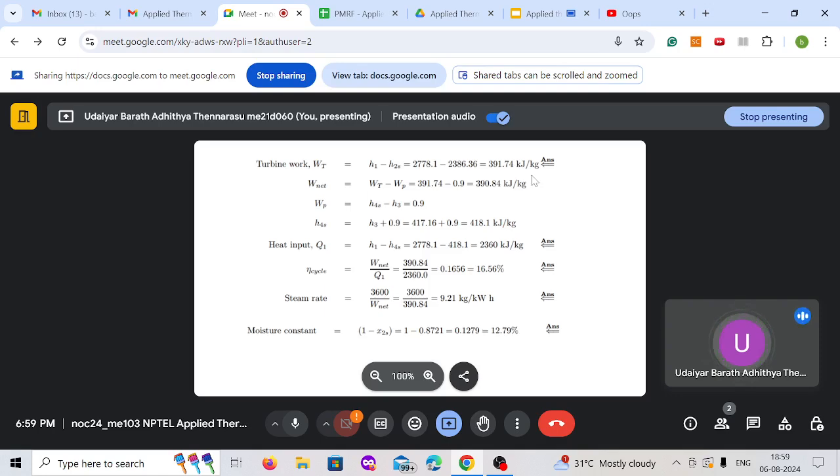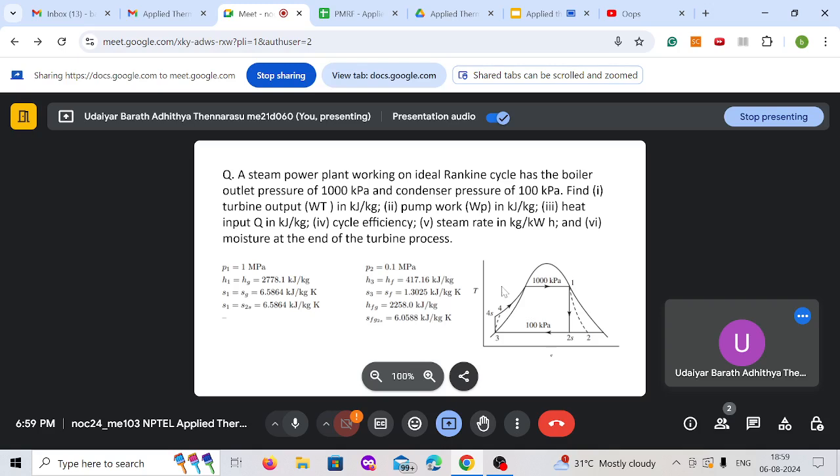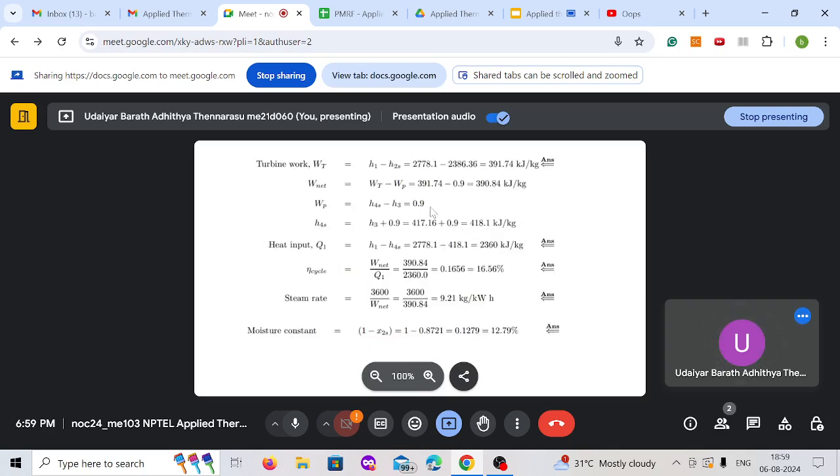Pump work will be nothing but H4s minus H3, which equals 0.9, which we have estimated. From this we can estimate the enthalpy at the exit of the pump: H3 plus 0.9, where H3 is the saturated liquid enthalpy.